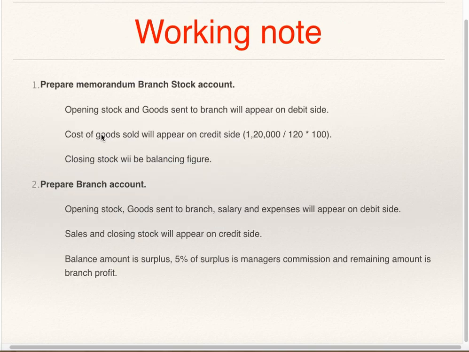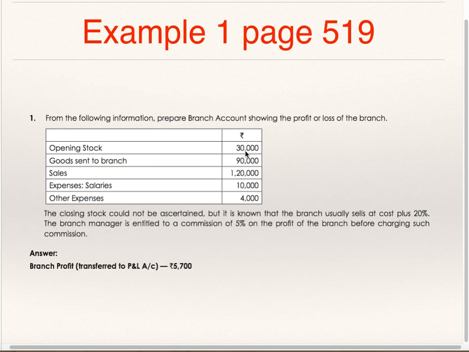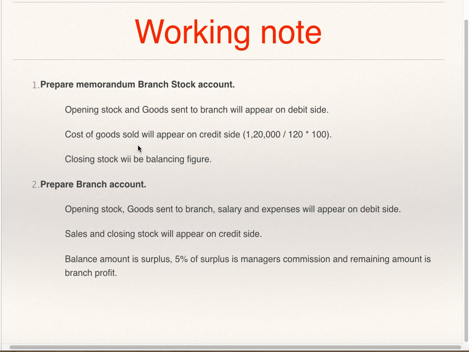Working note. First you are supposed to prepare a memorandum branch stock account because closing stock is not given in this. Opening stock and goods sent to branch will appear on the debit side, 30,000 and 90,000. Cost of goods sold will appear on the credit side.